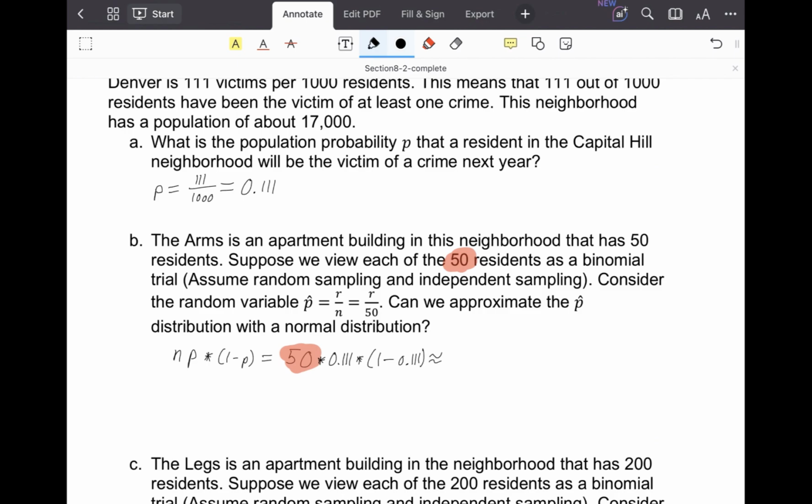And this gives us, actually I can put exactly what it gives us, which is 4.93395. This is not bigger than 10, so we can say no. This is not large enough, since it's not greater than 10.